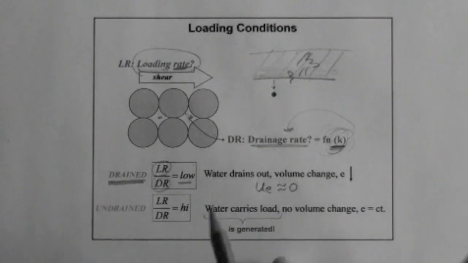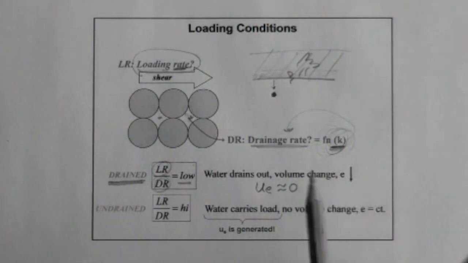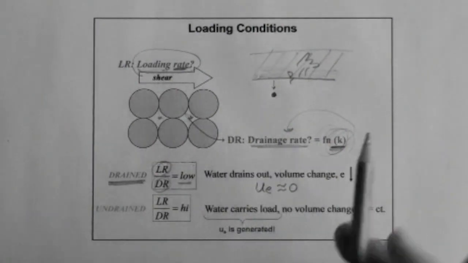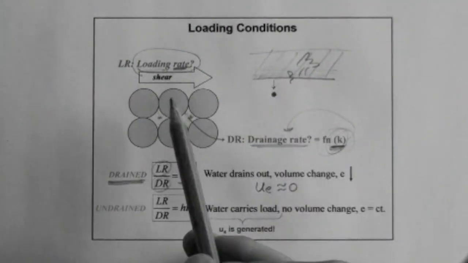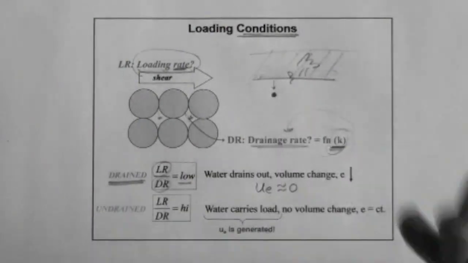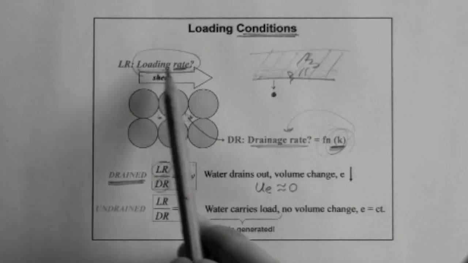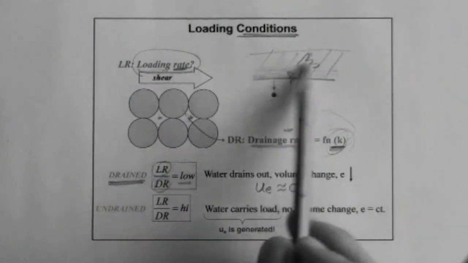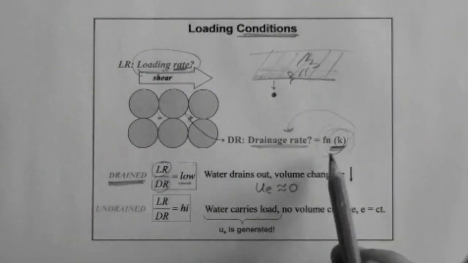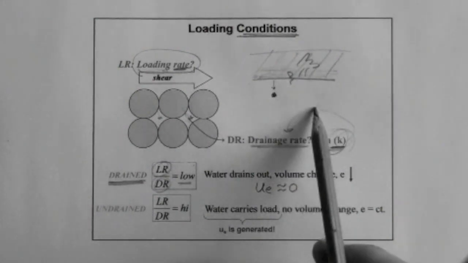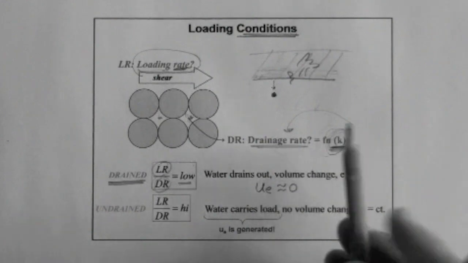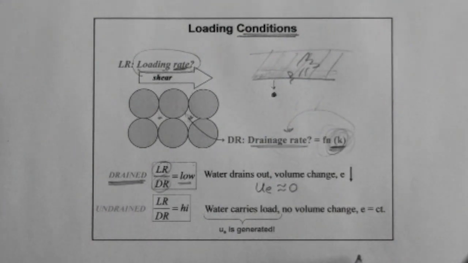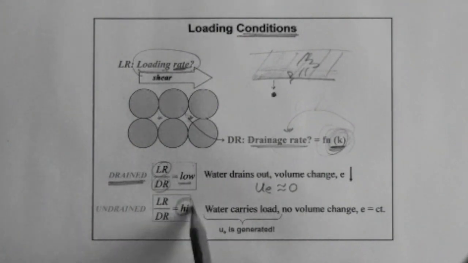Now, on the other hand, what happens if we have the opposite situation? We have a fast loading rate, so we construct this fill fast, and on top of that we have a soil that has a very low hydraulic conductivity, like clay. In that case, the ratio is high. So what's going to happen?